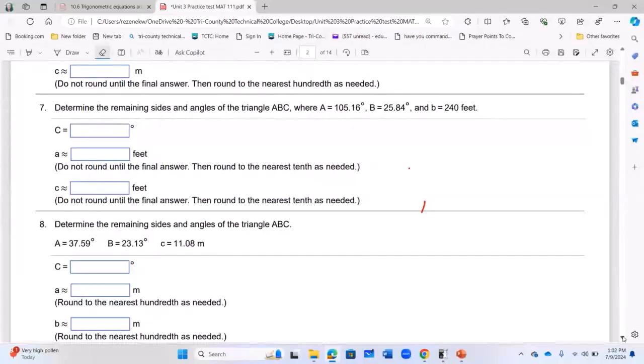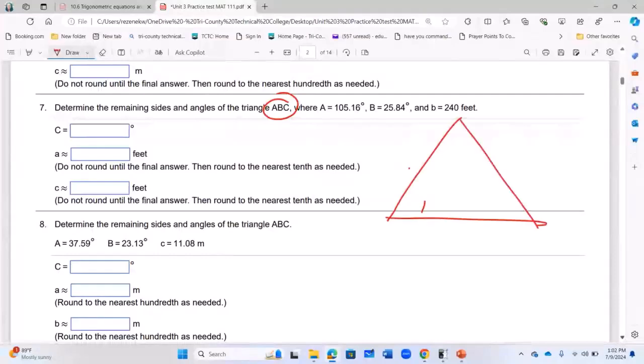Okay. Determine the remaining sides and angles of the triangle where A is equal to that, B is equal. Do not round. Draw the triangle. So we draw the triangle. This is a sketch. And I'll name this angles.